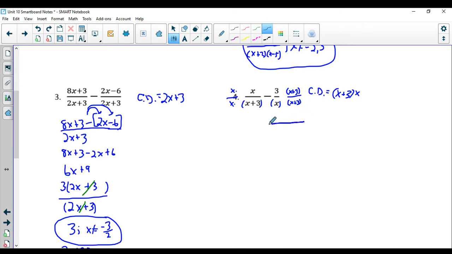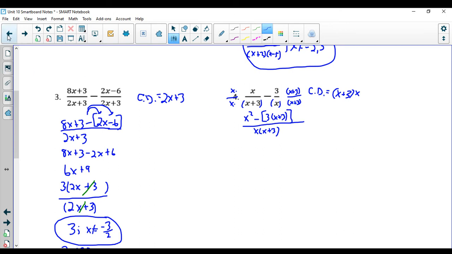Now that we have that, we put our common denominator on the bottom. On the top, I have x times x, which is x squared, minus, so I have to use brackets, 3 times the quantity of x plus 3.